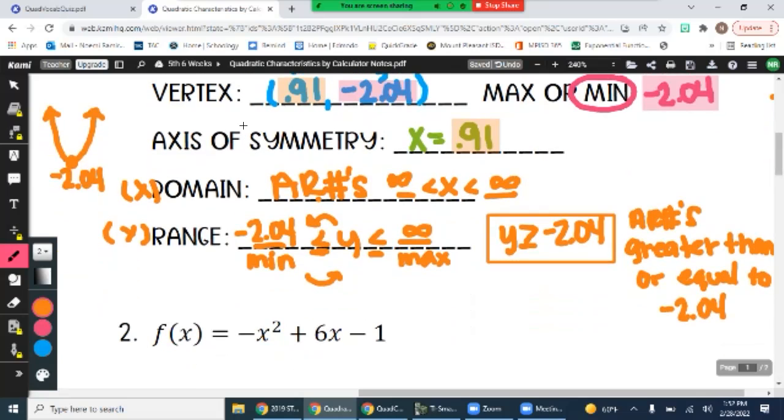When we flipped it, it's like we moved that infinity symbol over to this side. So we start here, all real numbers, and we use this symbol, all real numbers greater than or equal to negative 2.04. All real numbers greater than or equal to negative 2.04. Everybody see that? Good. All right, let's try the next one.